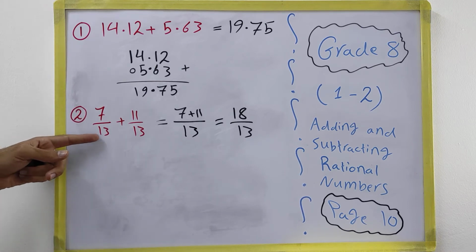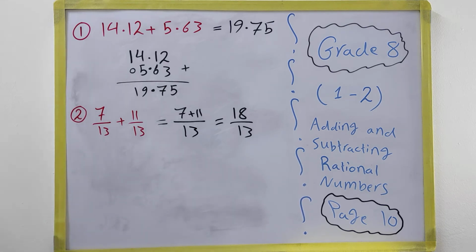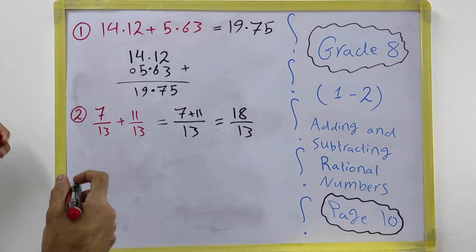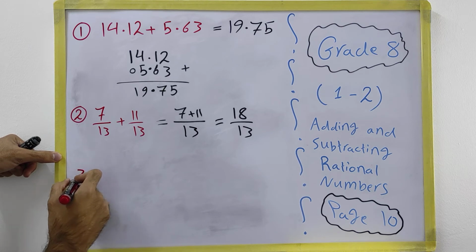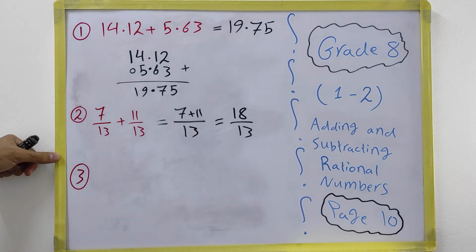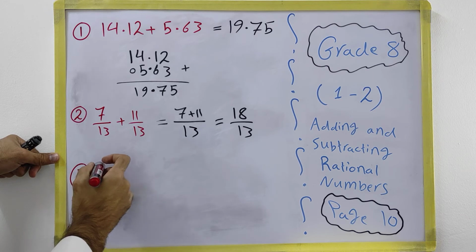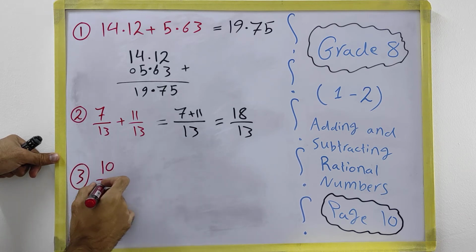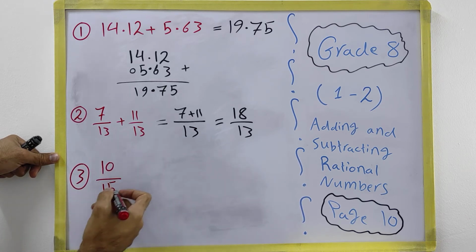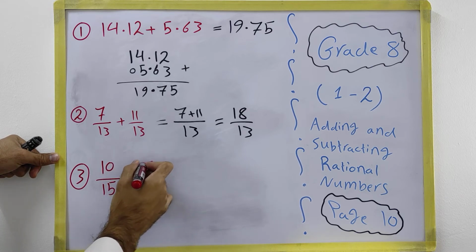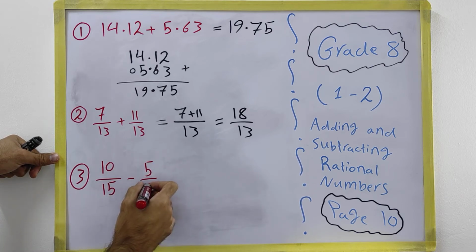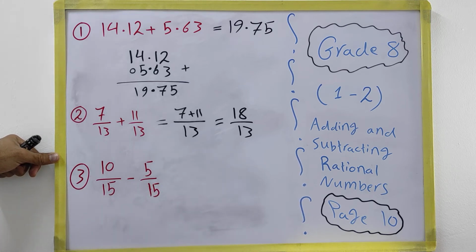Now that's if we have the same denominator. Another case is if we have different denominators. But let's first solve another one for subtraction with the same denominator. Let's say 10 over 15 minus 5 over 15.